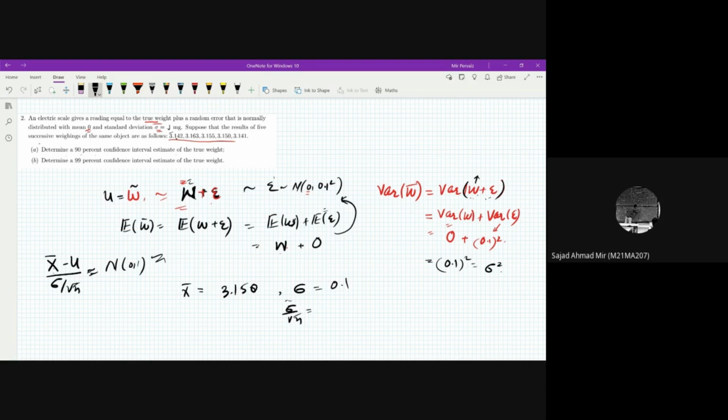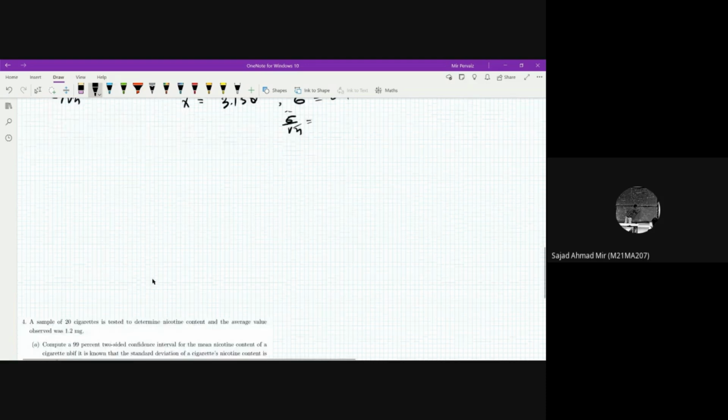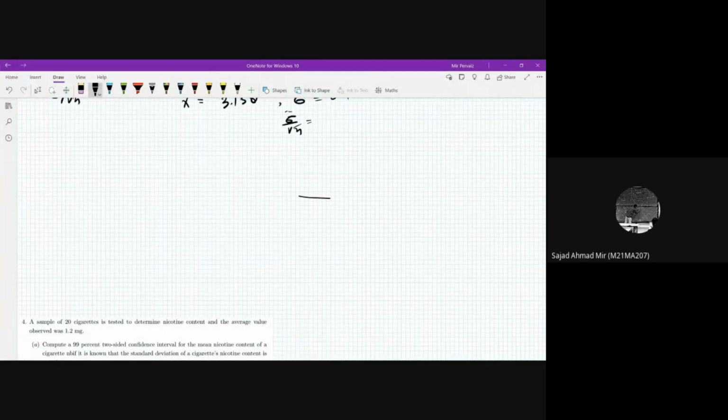But in what format will you write the confidence interval? This is the z distribution in a symmetrical way. If 1 minus alpha is in between, this is alpha by 2, this is alpha by 2, this is z alpha by 2, and here is the negative sign.